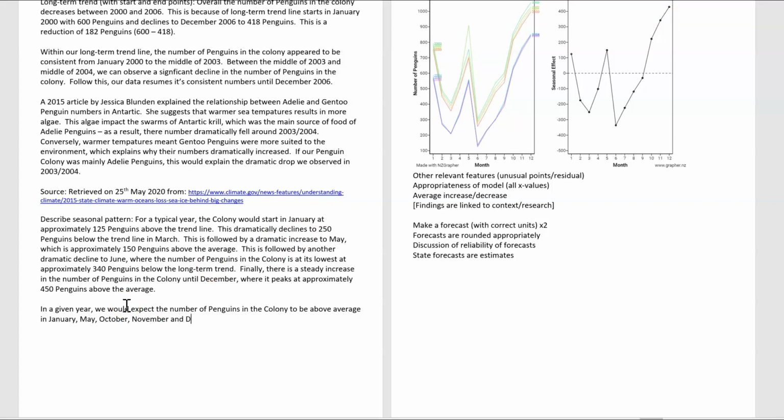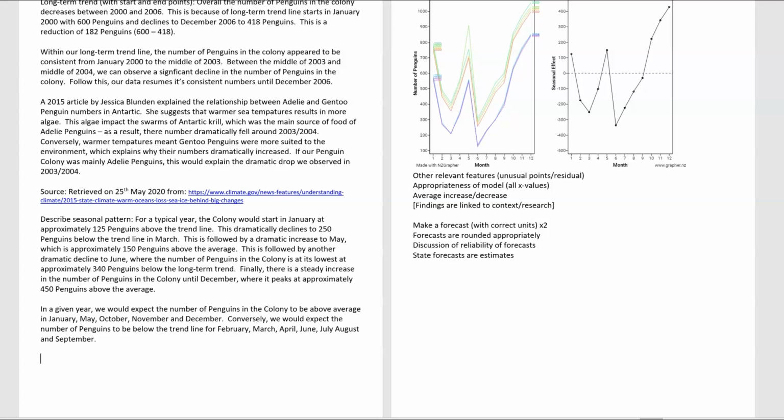Conversely, we would expect the number of penguins to be below the trend line for, and then just looking at our graphs, all the points below the trend line, we'll just list for those: February, March, April, and then we skip to June, July, August, and September.